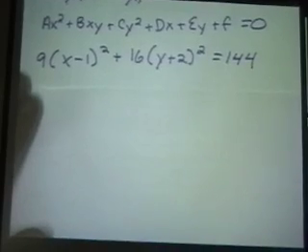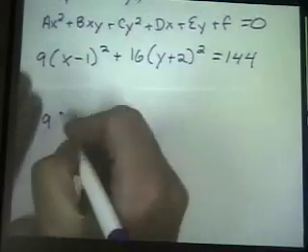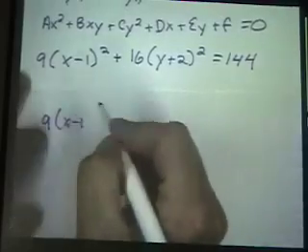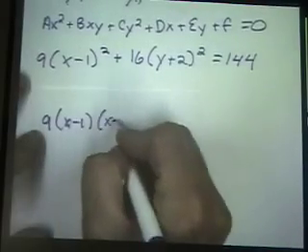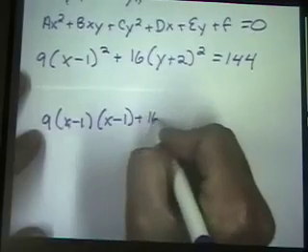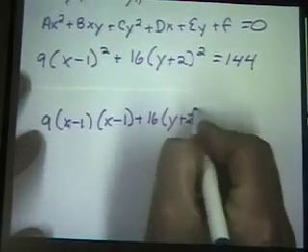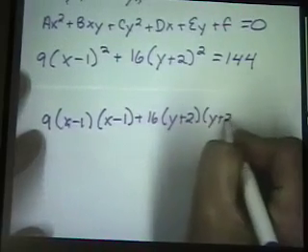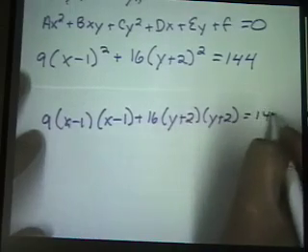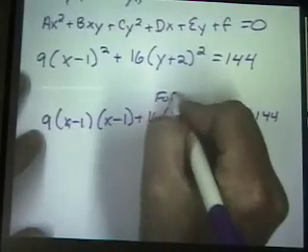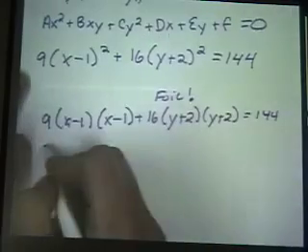From here, I have 9(x minus 1)(x minus 1) plus 16(y plus 2)(y plus 2) equals 144, and here I'm going to FOIL: first, outside, inside, last.